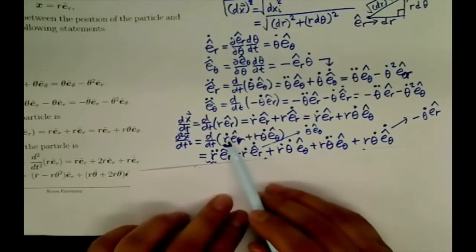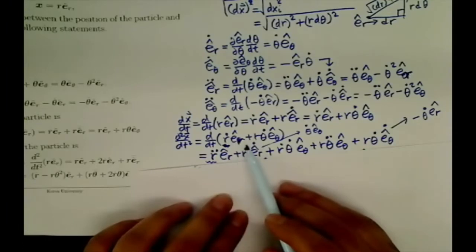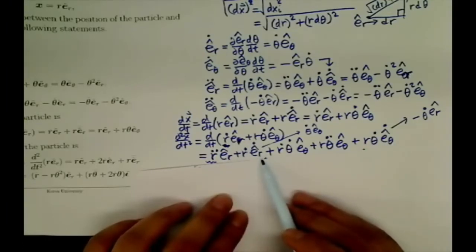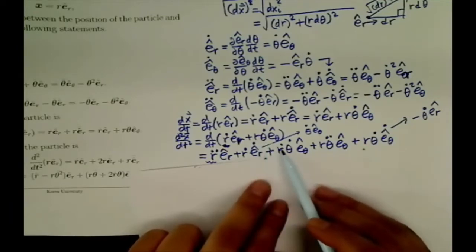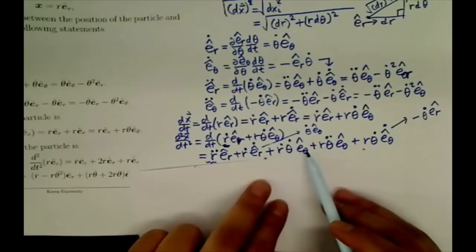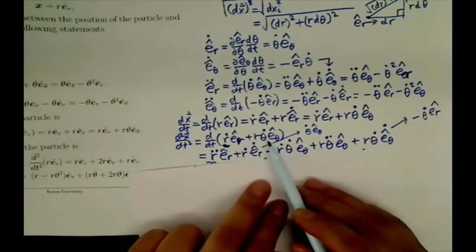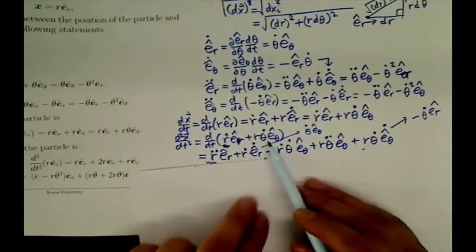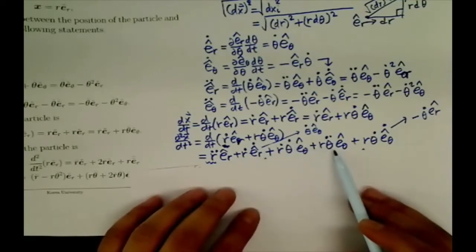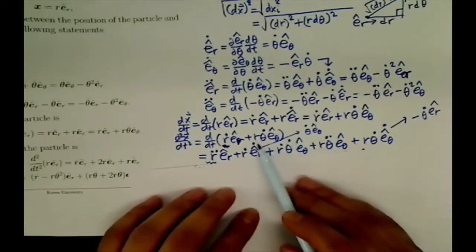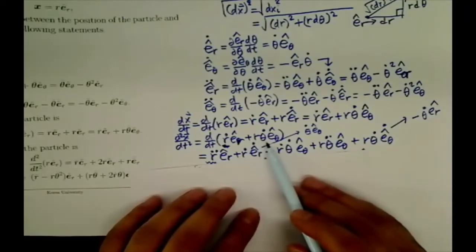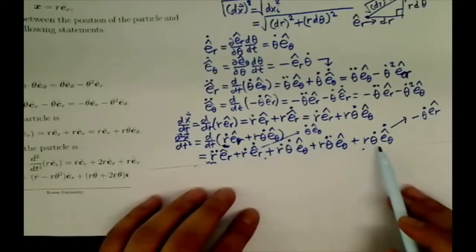And then radial velocity is kept, and I take the time derivative of the radial unit vector. And then take the time derivative of r, so r dot theta dot e_theta hat is copied, and in the middle factor, theta dot is differentiated to find r alpha. Theta double dot is here, keeping the e_theta hat. And then finally, we keep r theta dot the same, and then take the time derivative of e_theta hat.